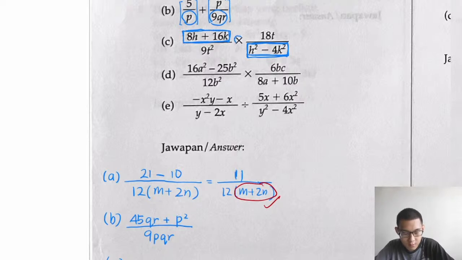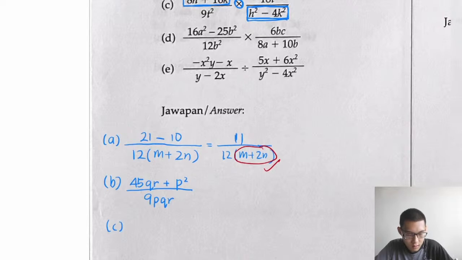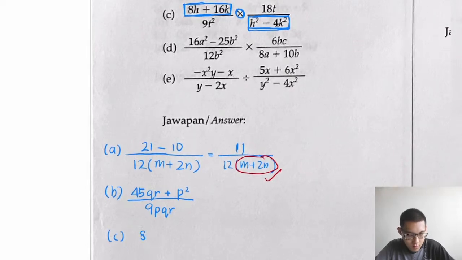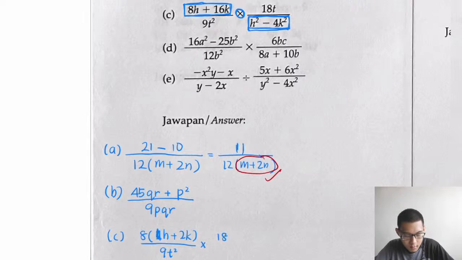Because the relationship, they are times and divide. So we just check. Now we have no 2 already. h plus 2k divided by 9t squared times 18t divided by, this one is h plus 2k and h minus 2k.